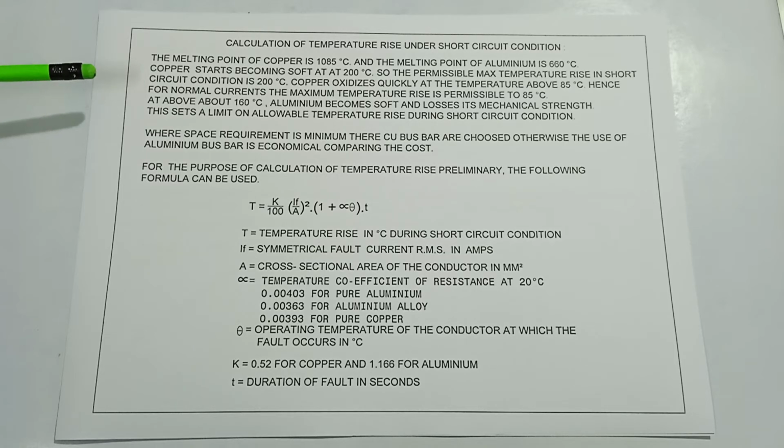Copper oxidizes quickly at temperatures above 85 degrees centigrade. Hence, for normal currents, the maximum temperature rise is permissible to 85 degrees centigrade. At about 160 degrees centigrade, aluminium becomes soft and loses its mechanical strength. This sets a limit on allowable temperature rise during short circuit condition.